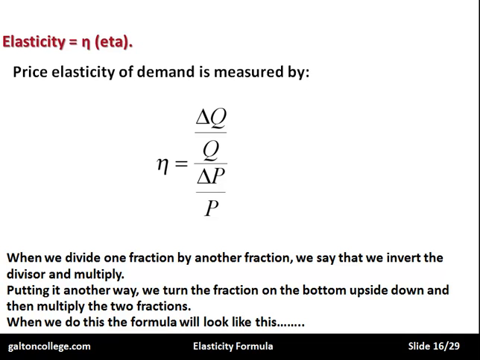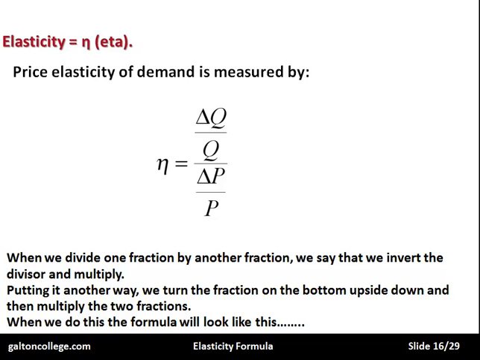Now, this is the divisor down here. We invert this one and multiply. Just turn it upside down and multiply. And it gets rid of this big division we've got here. Putting it another way, we turn the fraction on the bottom upside down and multiply the two fractions.